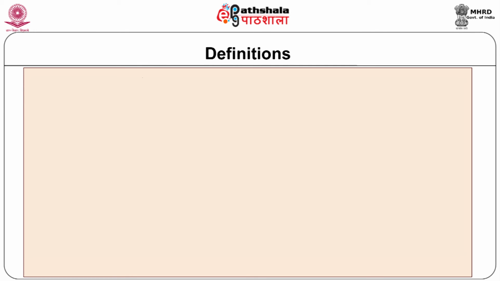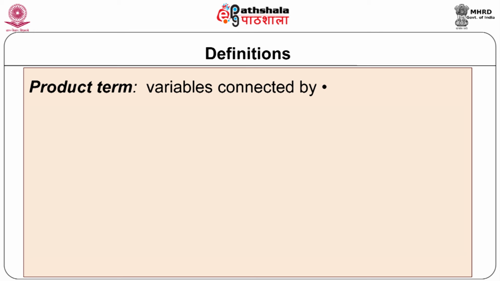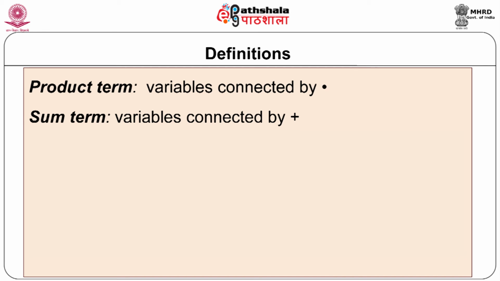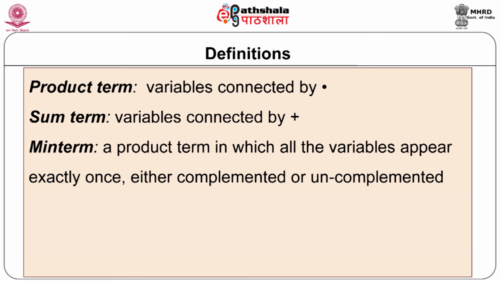Now, let us get familiar with different terms. The first is the product term. A product term contains variables connected by AND, whereas the sum term contains the variables connected by OR symbol. A min term is a product term in which all the variables appear exactly once, either in complemented or uncomplemented form.